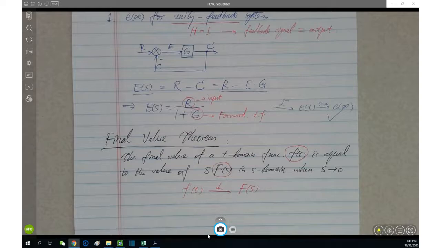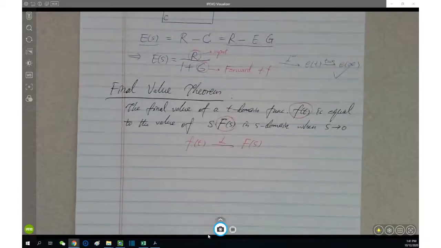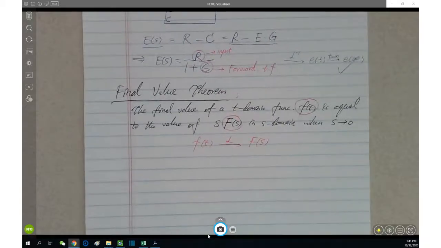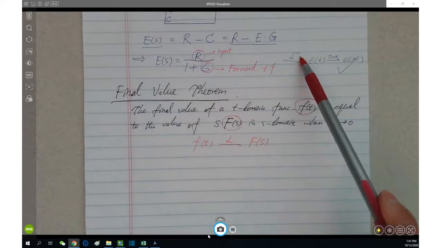Okay, so what does it mean? What is this final value theorem talking about? It's talking about how, for functions in the time domain, the final value can be found in the frequency domain. This is what it's for, without conducting the inverse Laplace transform.